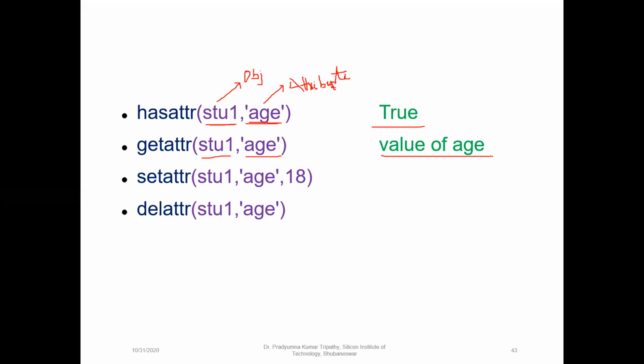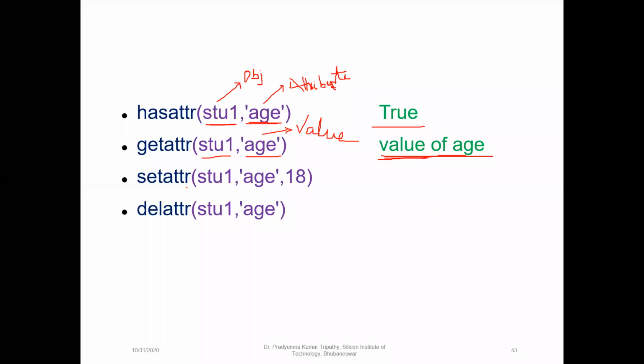But what will the getattr method do? This will return the value of that attribute. The value of this attribute will be returned. Right?